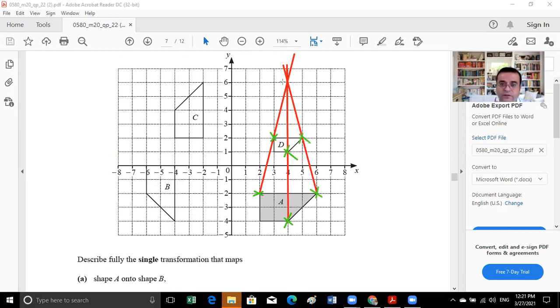So what is the center? 4, 6. The center is 4, 6. Yes, enlargement with scale factor 1 over 2 from the point 4, 6. Easy. Yes. Done. Did you draw? I am drawing.